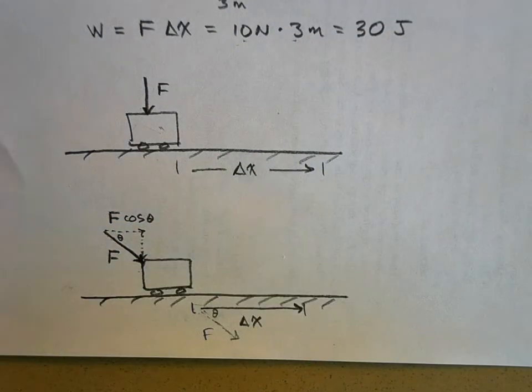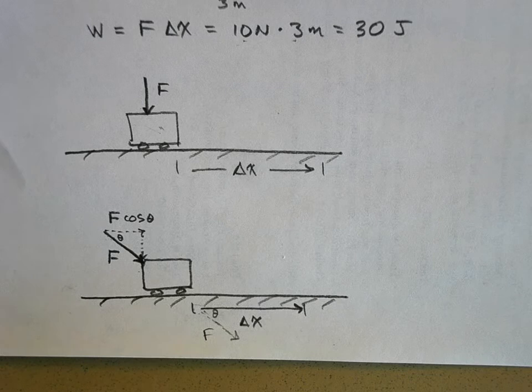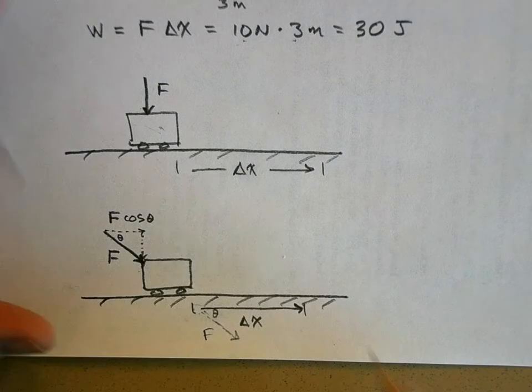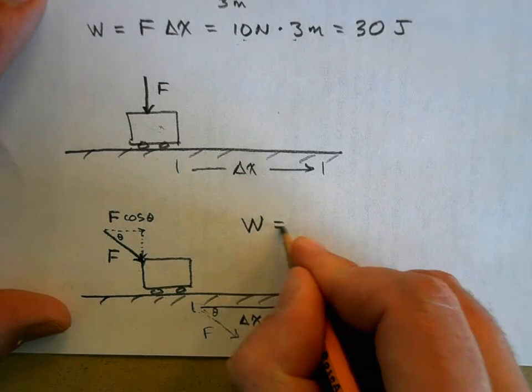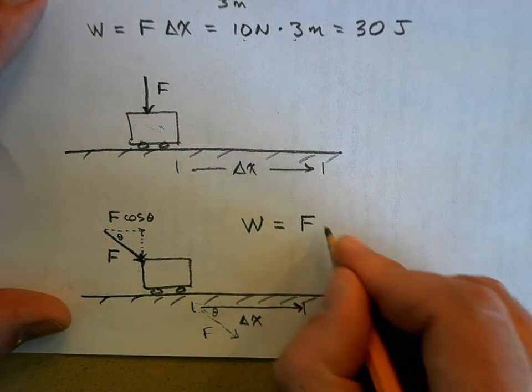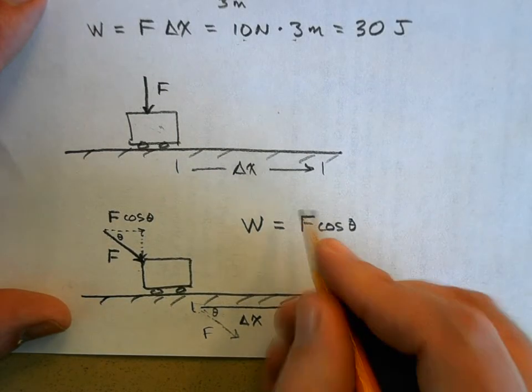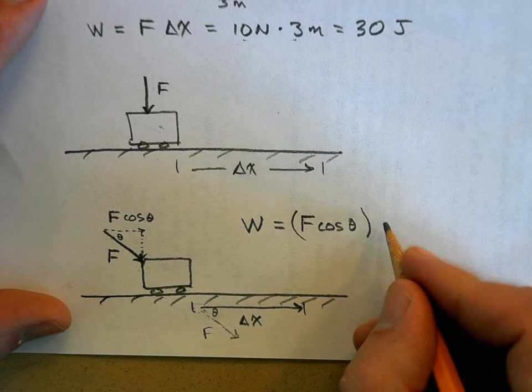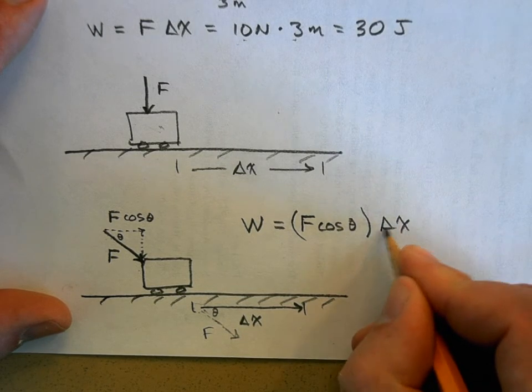So now we get to the simple regular physics definition of work. Work is equal to F cosine theta times delta x.